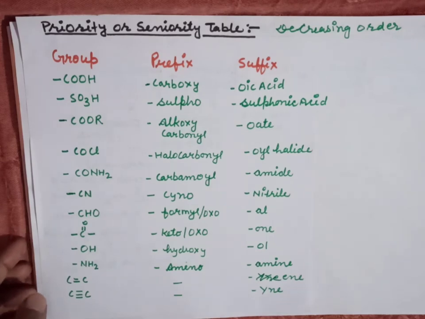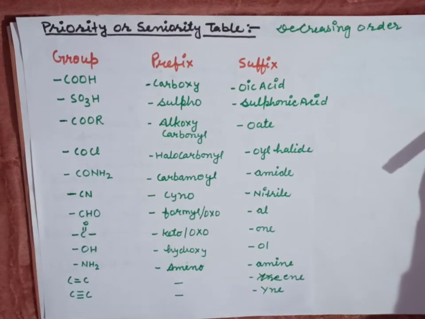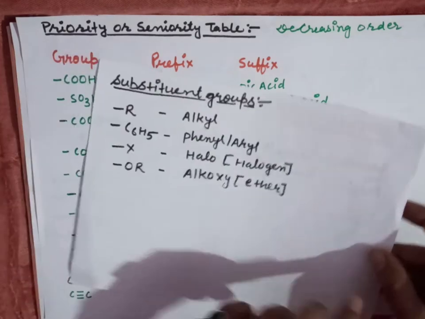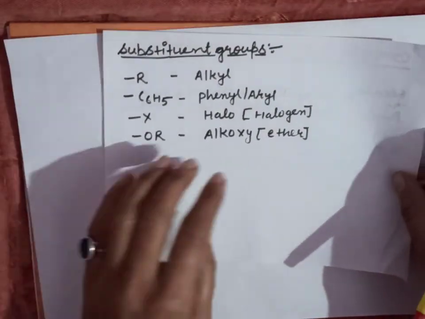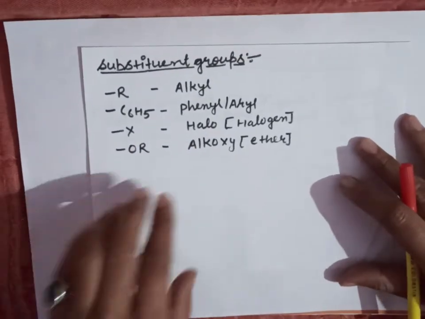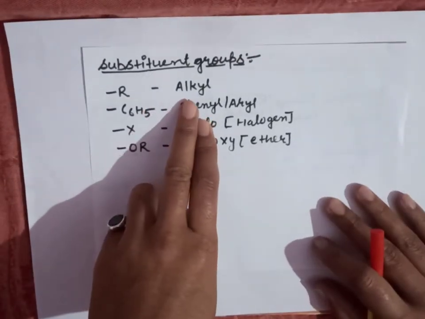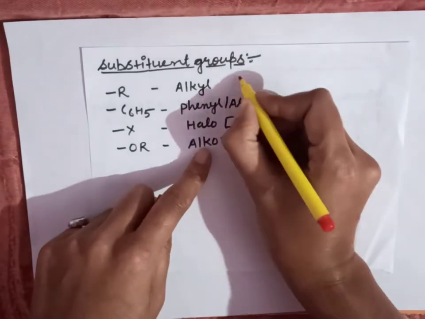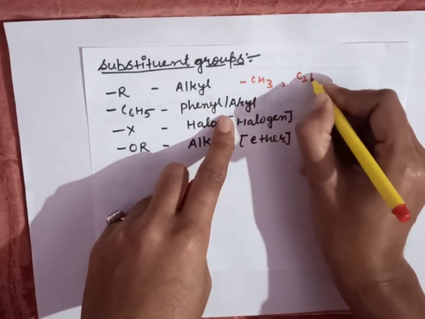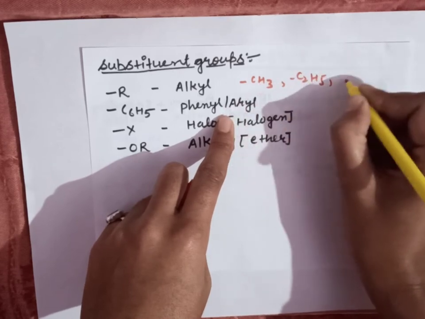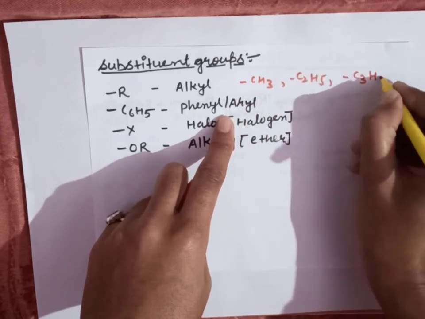So children, some groups are always used as a prefix. These are substituent groups. Alkyl groups, you know alkyl, like CH3, methyl, C2H5, ethyl, C3H7, propyl.